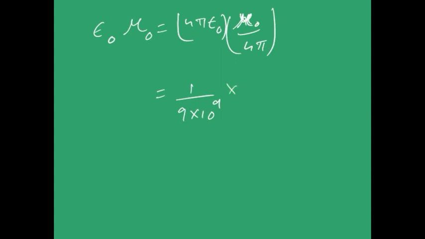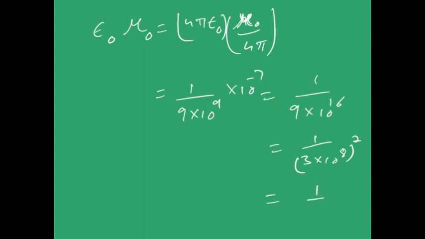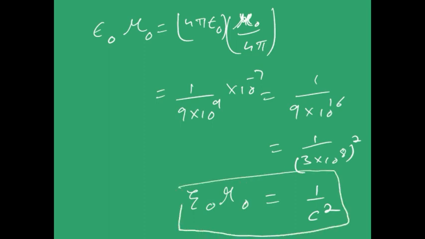And mu naught by 4 pi, as you know, is 10 power minus 7. So finally, what did I get? 1 by 9 into 10 power 16. I can write the same thing as 3 into 10 power 8 whole square. What is 3 into 10 power 8? It is approximately the speed of light. So finally, where did we end? Epsilon naught into mu naught is 1 by c square.